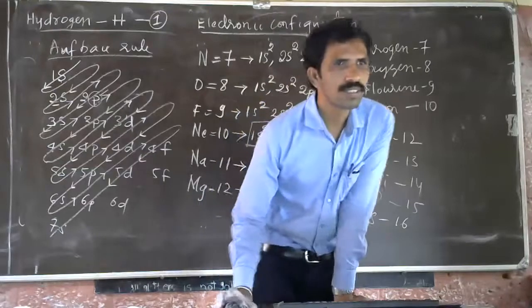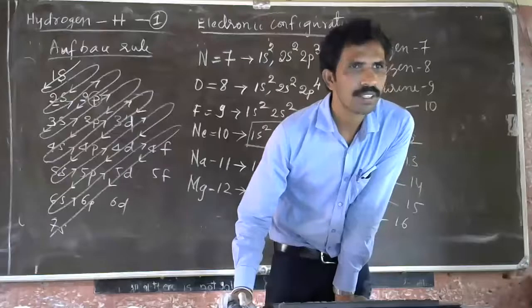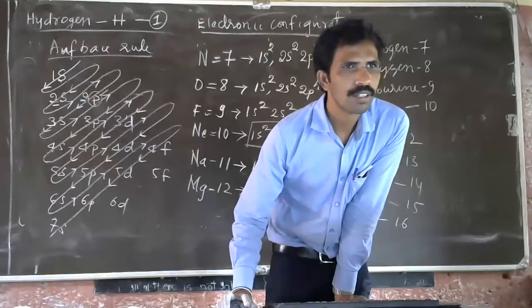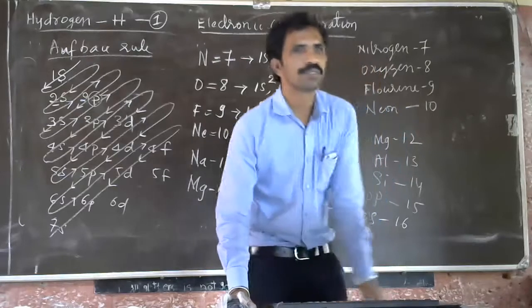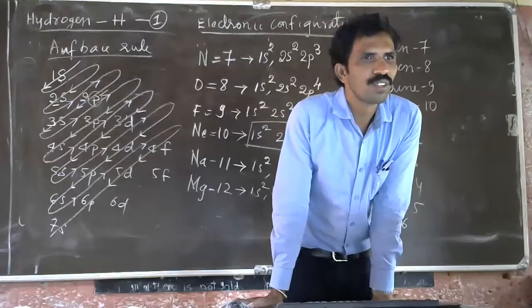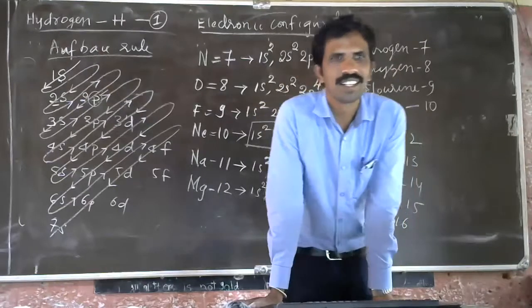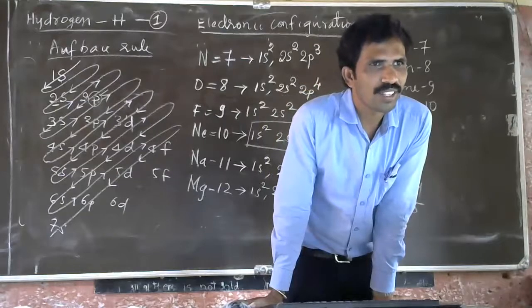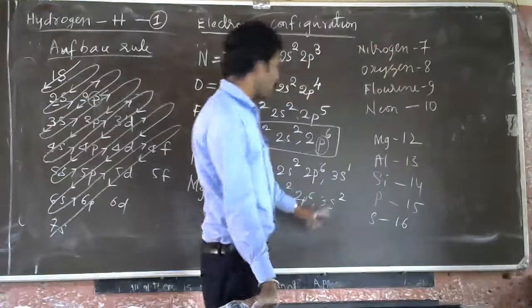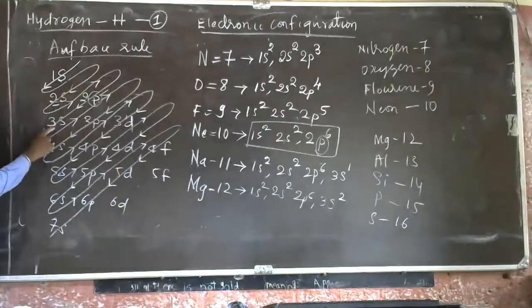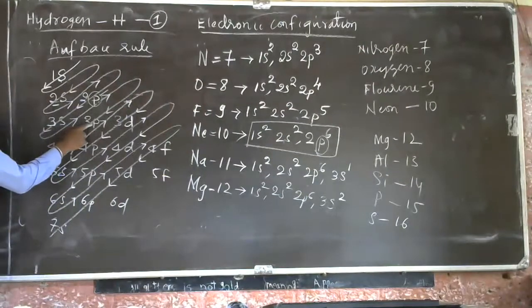Yeah, what's this? Vaishnavi. Electronic configuration again it is wrong. Why are you jumping to 4s? See, follow this. After 3s, 3p comes.